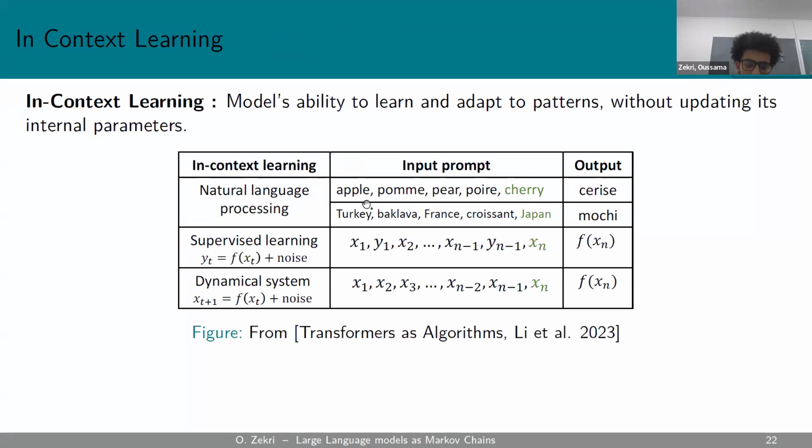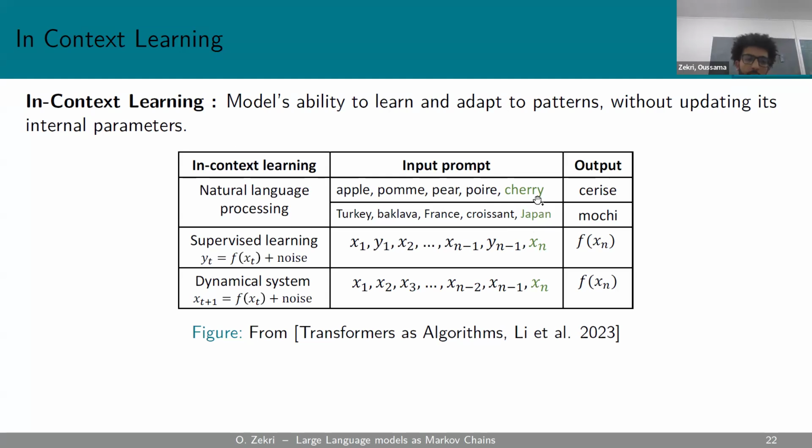For example, in this table, you have the country Turkey, you have baklava, the pastry. Then you put France and you put croissant also. And if you put Japan, the model will understand that this is a kind of pastry, so it will associate it with the country and output mochi, right?